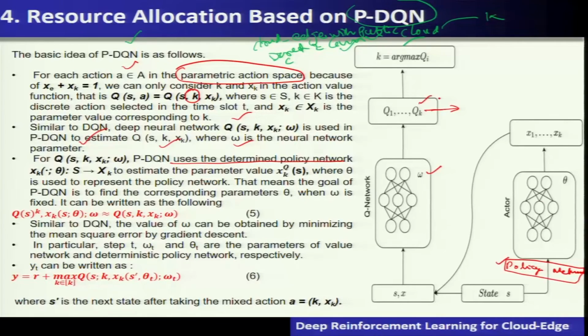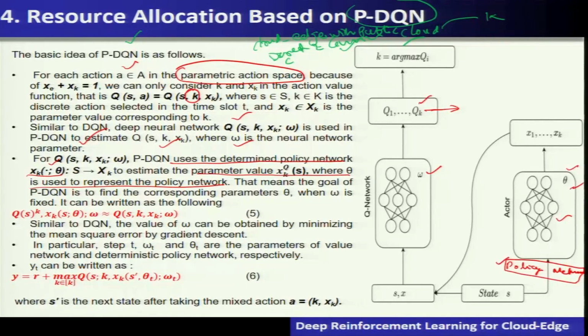How is this determined? It is determined using the policy network, with xk and this particular theta, as shown over here. This policy network is also a deep q network based policy network, used to estimate the parameters, where theta is used to represent the policy network.